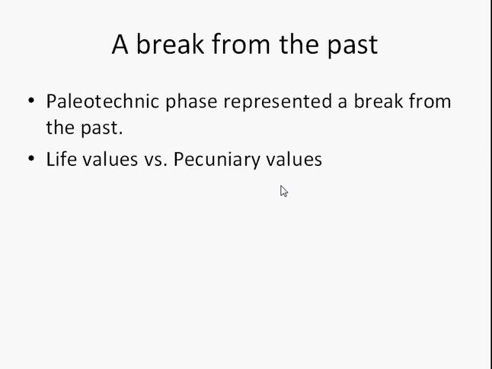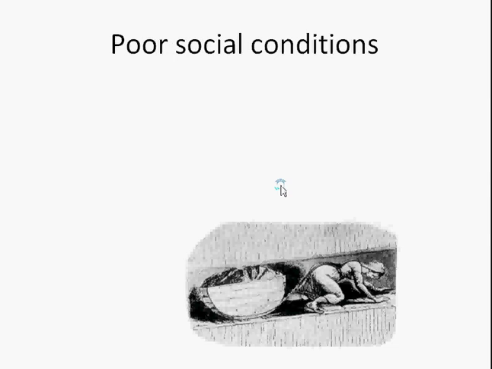With that increasing quantification came more of a reliance on money, finance, and profits as a value system rather than life or quality of life. And we see that in the poor social conditions that exist during this period and during the Industrial Revolution.